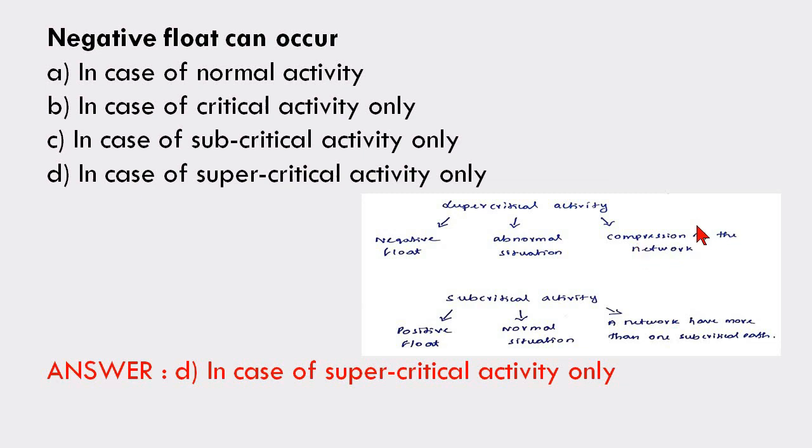It increases the direct cost of the project. Subcritical activity has positive float, a normal situation, that is ahead of the schedule. A network has more than one subcritical path. So these are the points related to supercritical activities and subcritical activities.